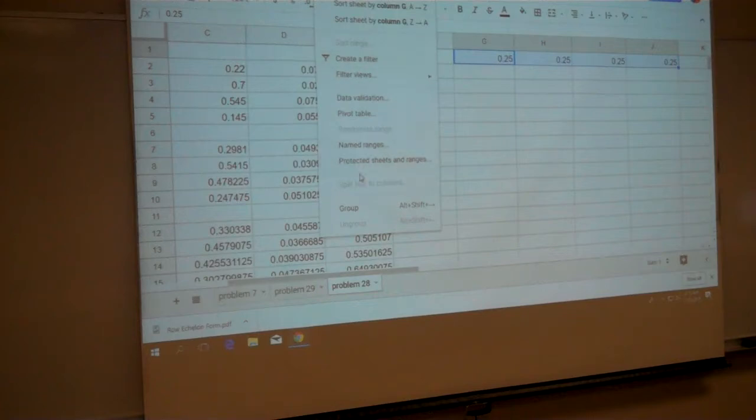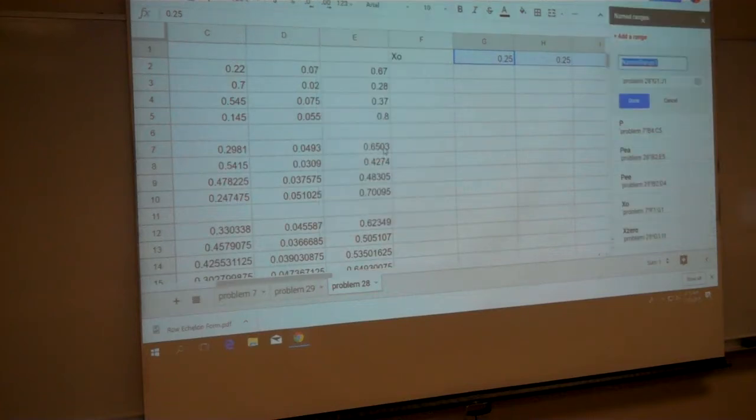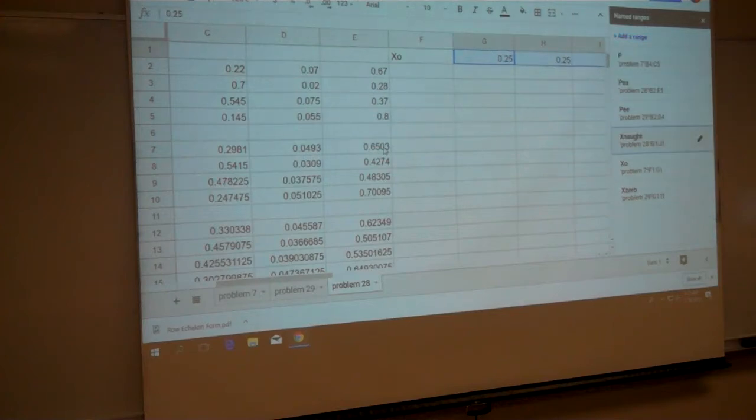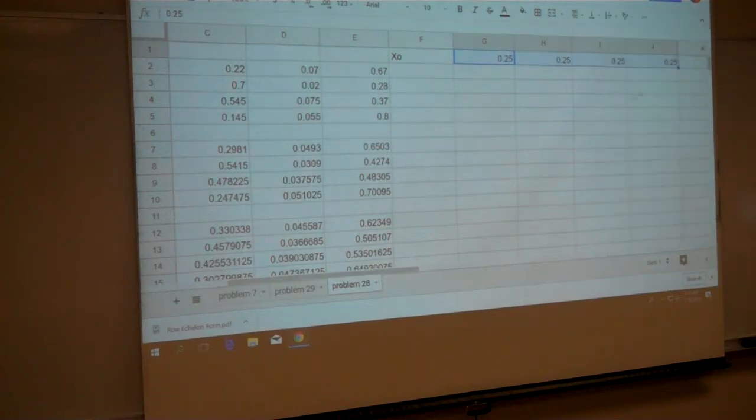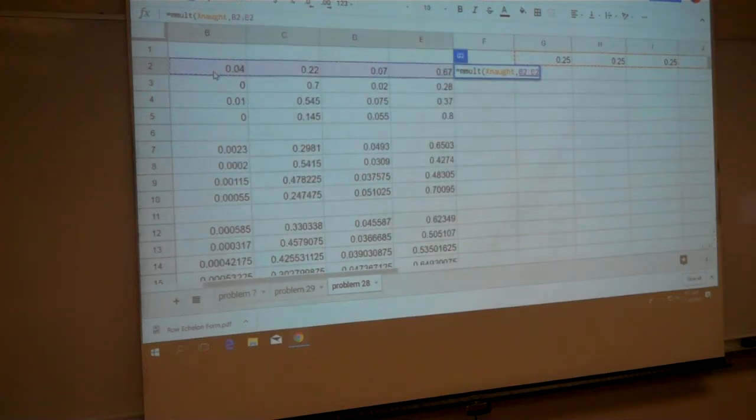X naught, sure, how about X naught? Okay. So now, at the first generation, we would have MMULT of X naught times its transition matrix right here.